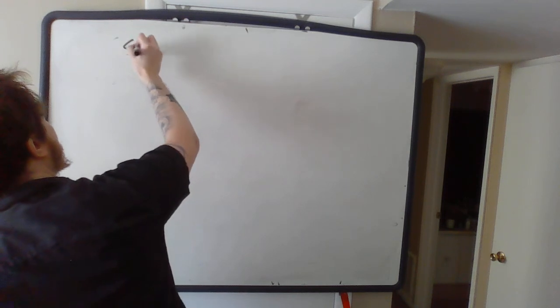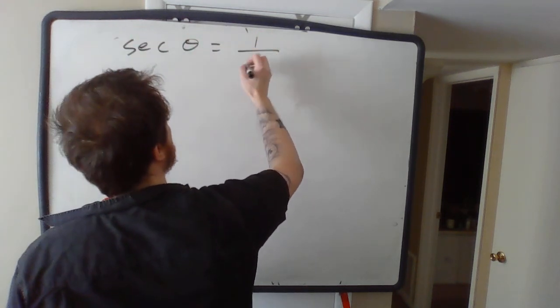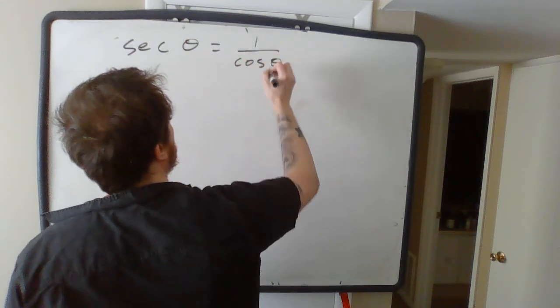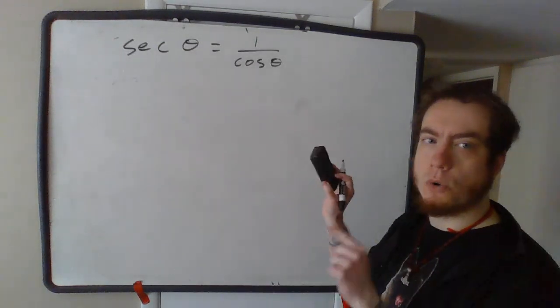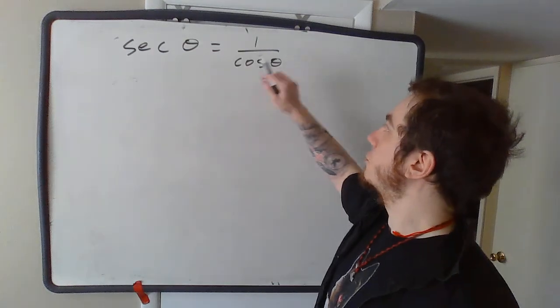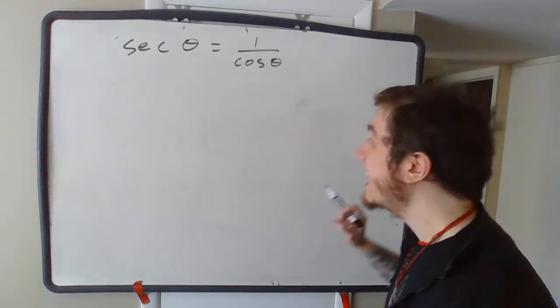So remember that secant of theta is the reciprocal of cosine theta. Remember that the co gets flipped here. So secant goes with cosine, cosecant goes with sine.